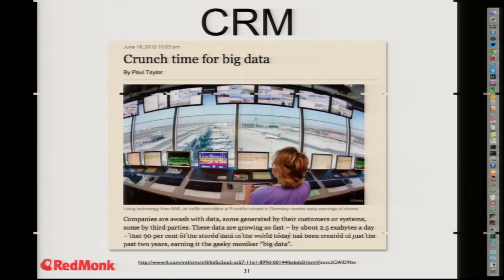In CRM, customer relationship management, it was T-Mobile in the US who went through the millions of customer records they had. They went through their billing records. They went through mentions in social media. They had, I think it was, 33 million customers, and they were losing customers all over the place.